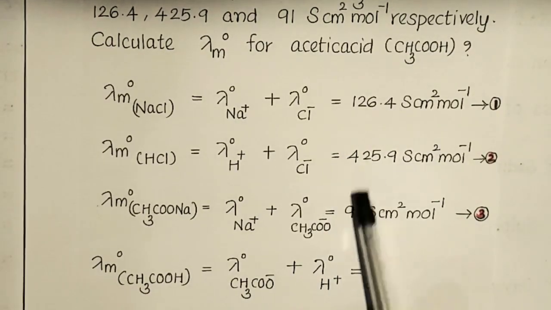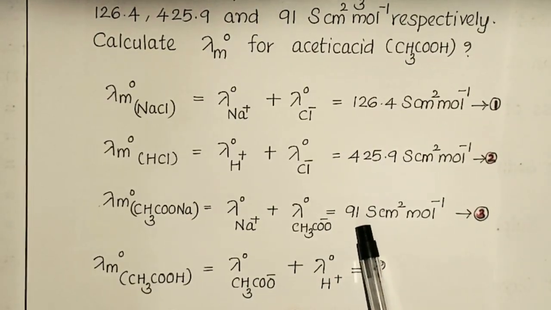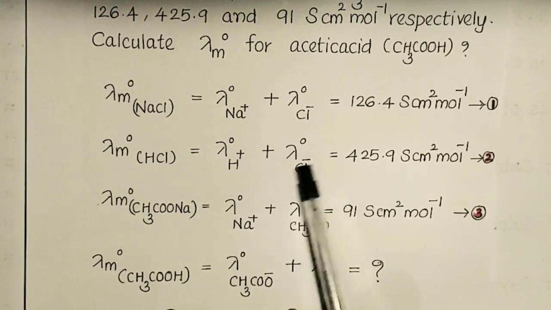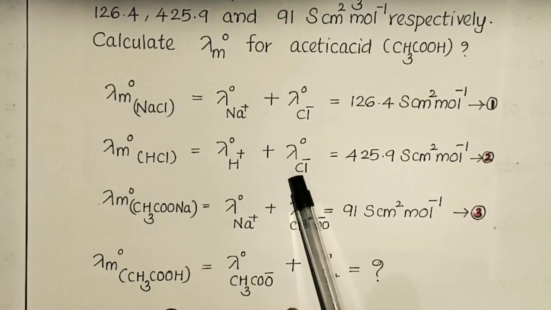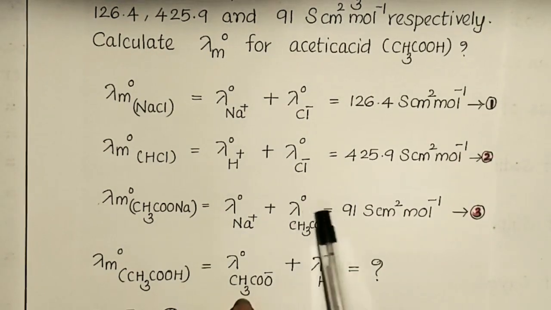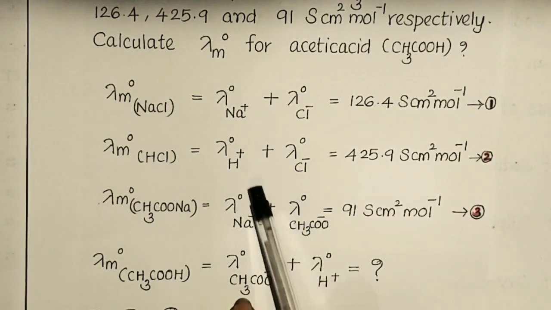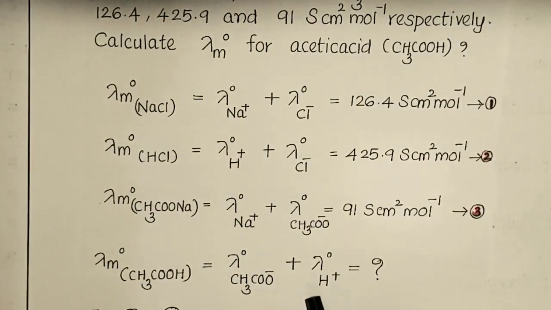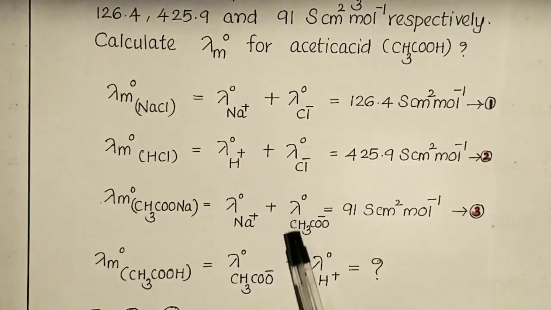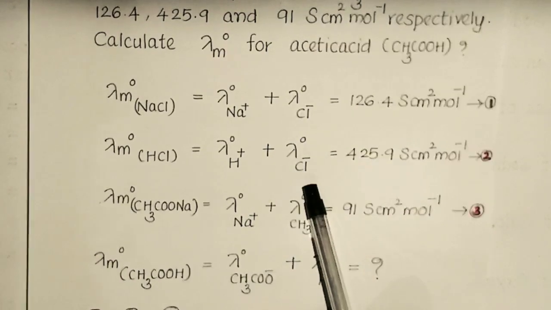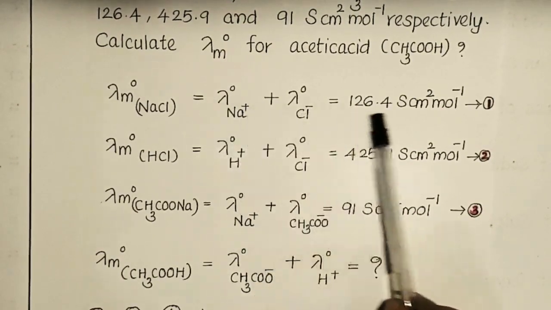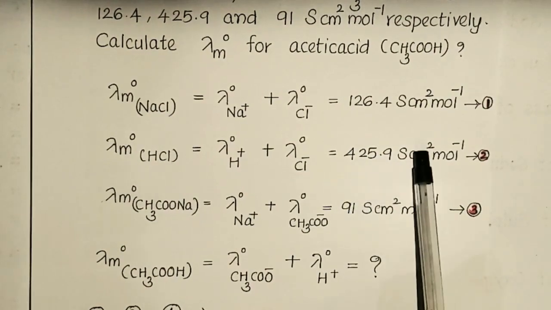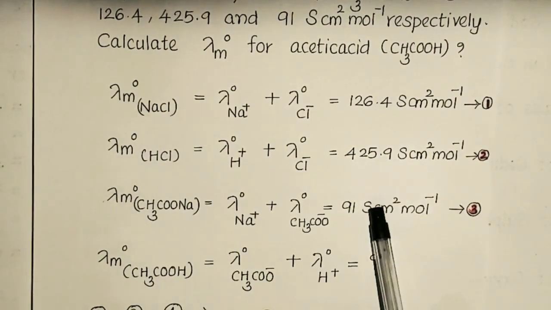So we need these two equations, but in these we don't need Cl- and Na+. So lambda 0 Na+ and lambda 0 Cl- we don't need. So this is the first equation. Adding these two equations and subtracting the first one from these two.